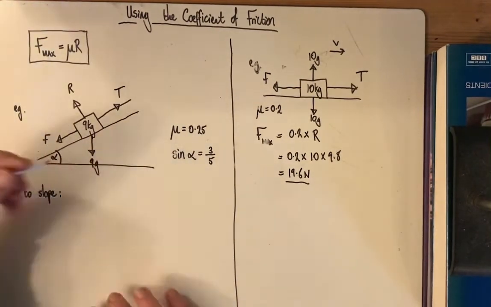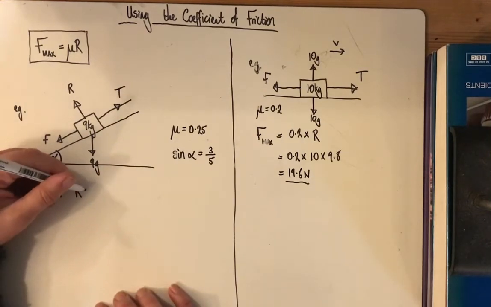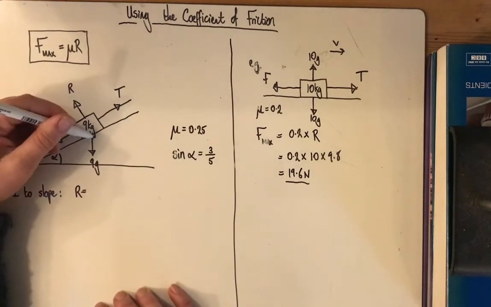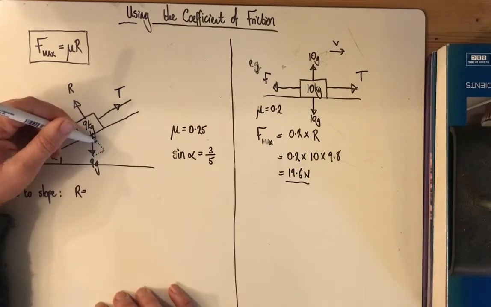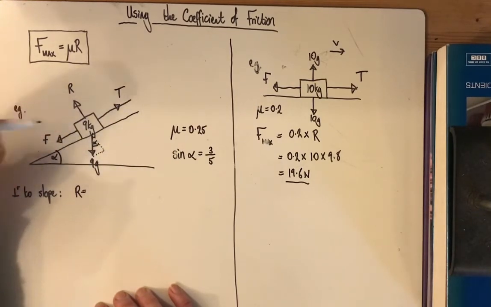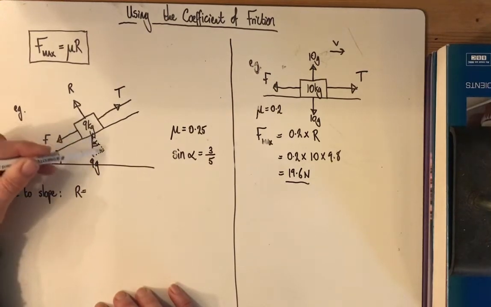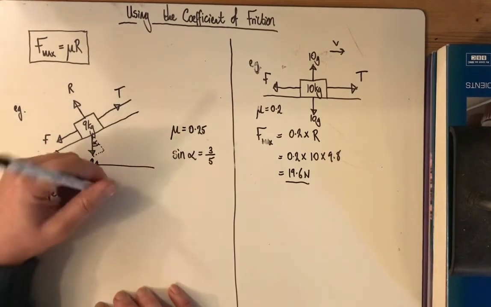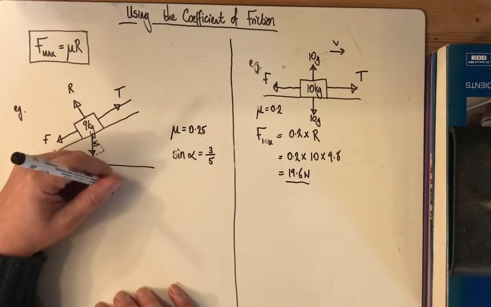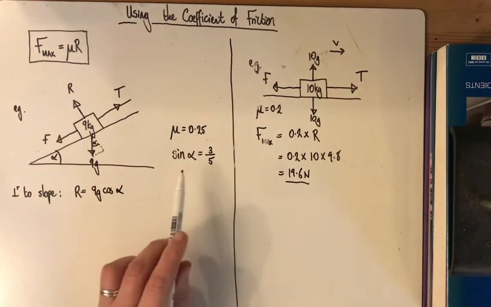So these forces are in equilibrium, and R is equal to, I'll call that one alpha. Then I'm interested in this one here, because it's this bit here that's going to equal R. So R is equal to 9g cos alpha.